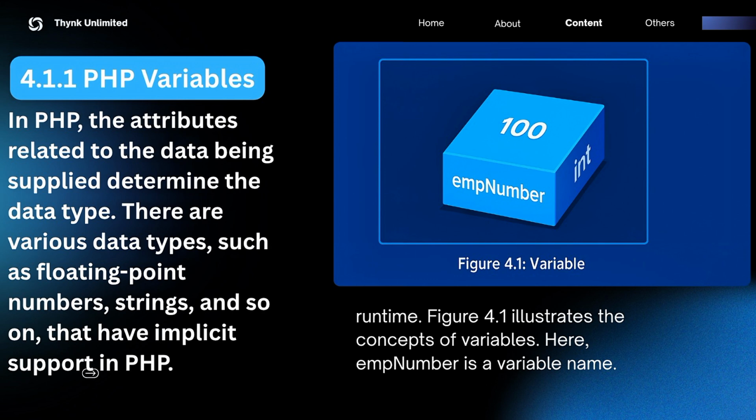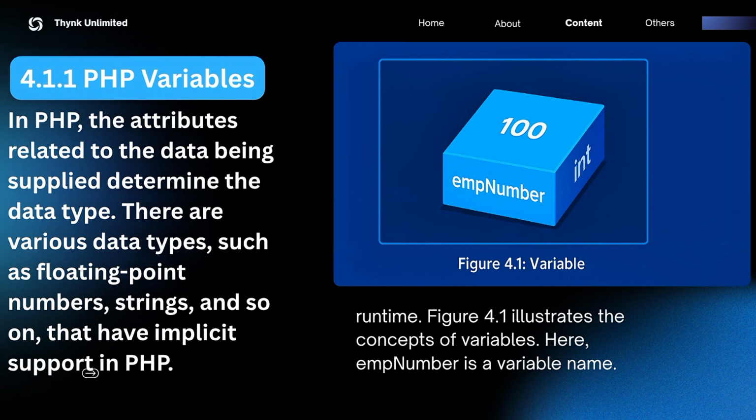The figure shown in this section, labeled as Figure 4.1, illustrates the concept of a variable using a cube labeled emp_number. This cube represents a variable that stores the value 100, which is of type integer. The cube metaphor helps visualize how a variable holds a value in memory, ready to be used whenever the program needs it during runtime.